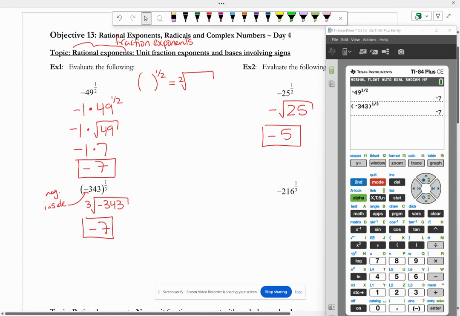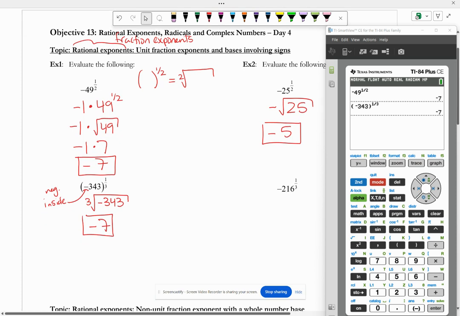With our next one, we have negative 216 to the 1/3. Now you'll notice the 216 is not in parentheses, so the negative is out front. So it's the negative of the cube root of 216.